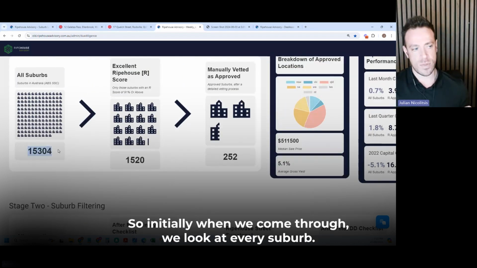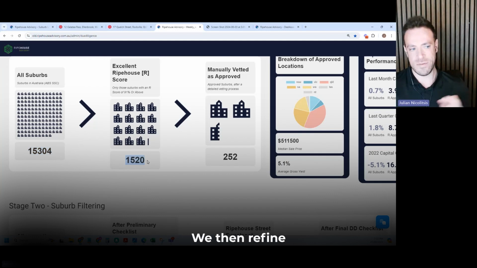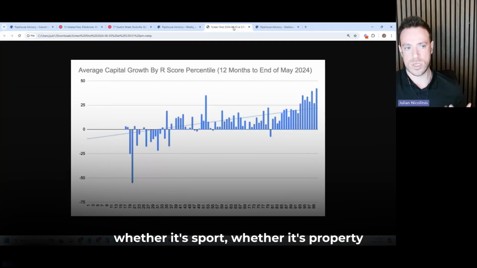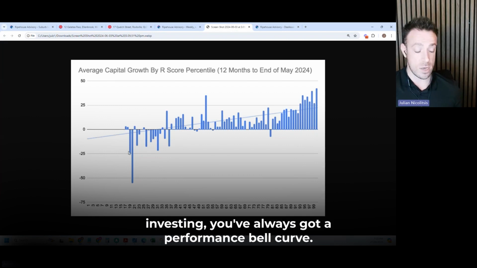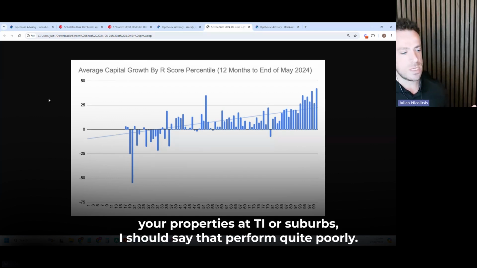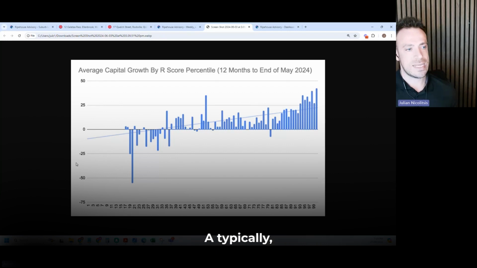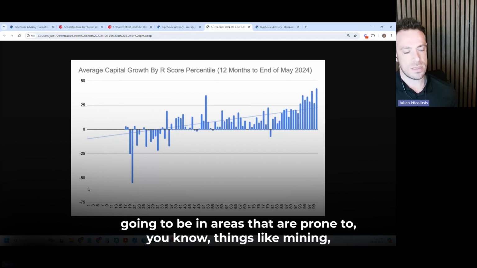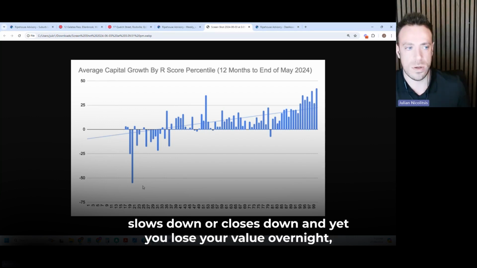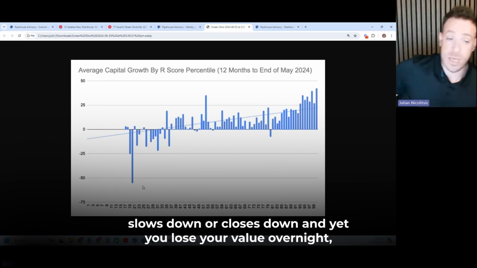So initially when we come through, we look at every suburb, we then refine that down to the top 10%, because whether it's business, sport, or property investing, you've always got a performance bell curve. The bottom end of your bell curve is going to perform quite poorly. In property terms, those suburbs are typically in areas prone to mining, tourism, agricultural hubs, where the industry slows down or closes down and you lose a heap of your value overnight.